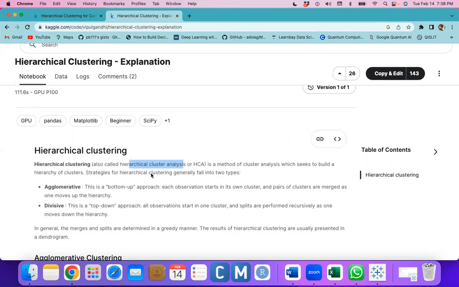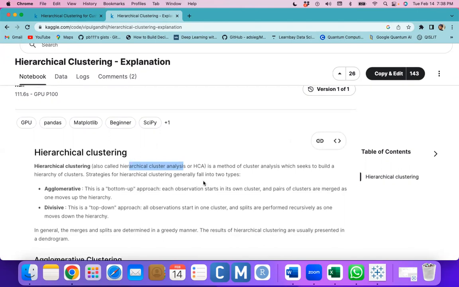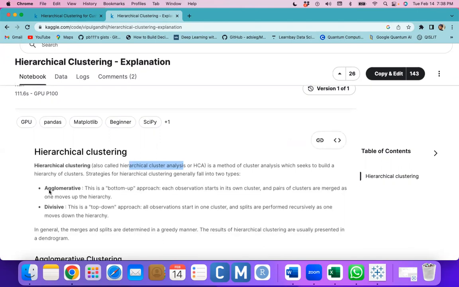The strategies for hierarchical clustering generally fall into two ways: one is agglomerative and the second is divisive. Agglomerative is the bottom-to-top approach, and the divisive approach is top-to-down.